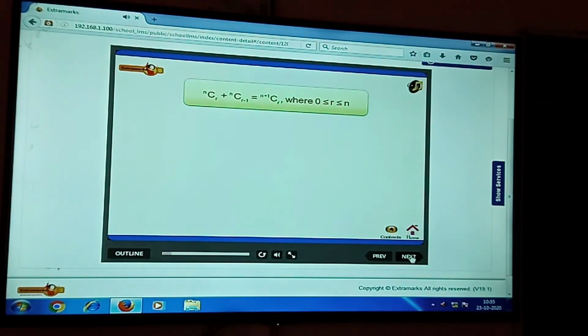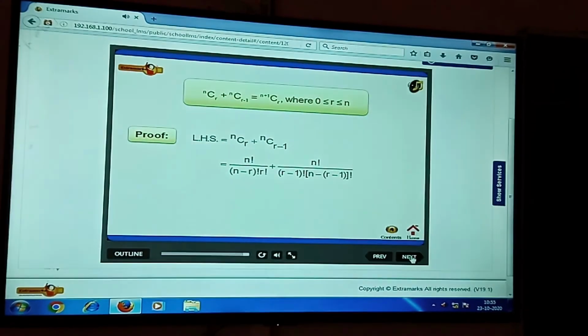Let's prove the following result. nCr plus nC(r minus 1) is equal to (n plus 1)Cr, where r is greater than or equal to 0 but less than or equal to n. To prove this result, take left hand side, that is nCr plus nC(r minus 1), and simplify it.